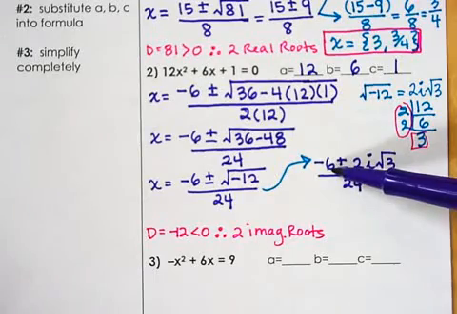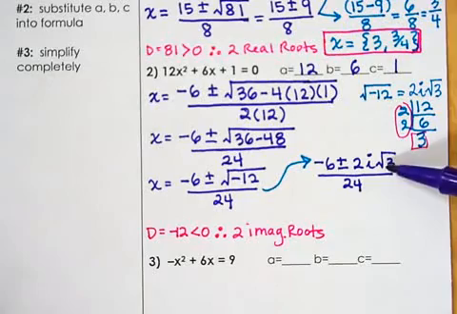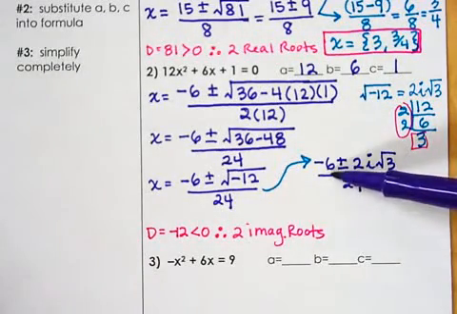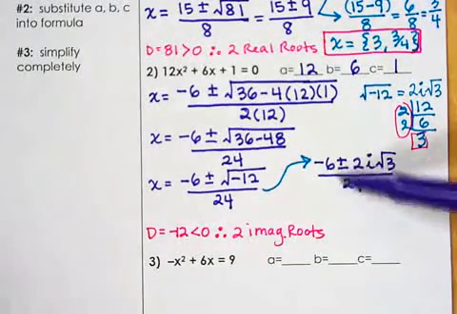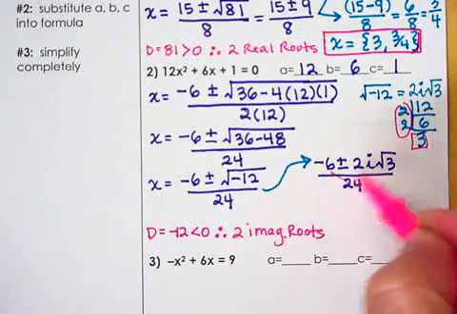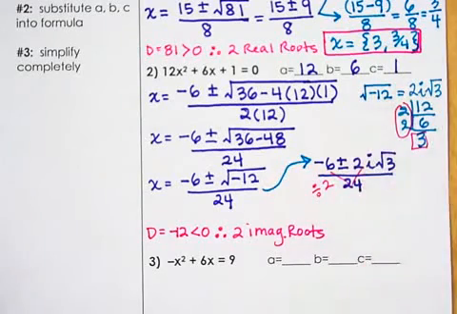We have the negative 6, we have the 2i radical 3, and then the denominator is 24. And if you look at the 6, the 2, and the 24, they all have a common factor of 2. So we want to go ahead and divide each of those, reduce them each by 2. Just those 3 numbers, and you're going to do it to all of them.